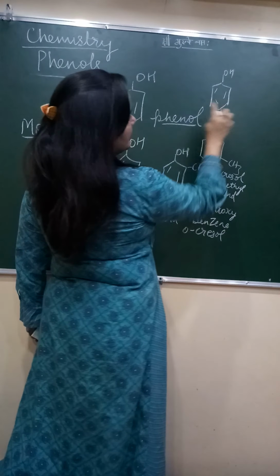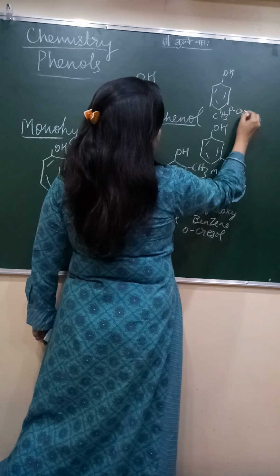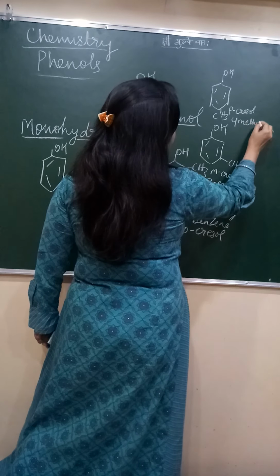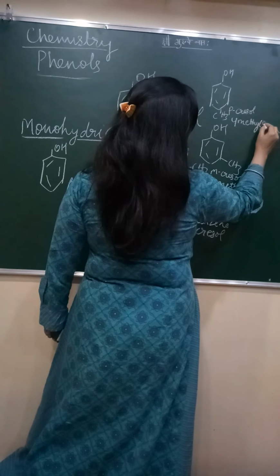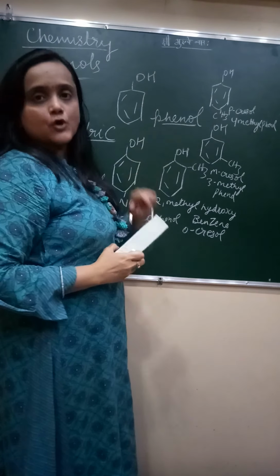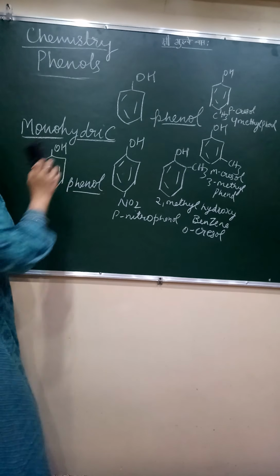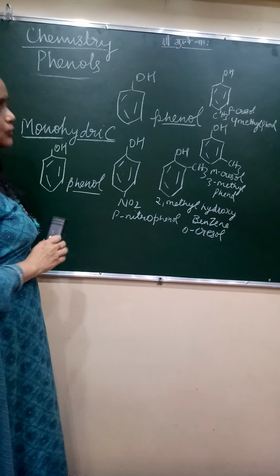If the methyl group is attached at the para position, then it is called paracresol or 4-methylphenol, or 4-methyl hydroxy benzene. So this was monohydric phenol, which means one hydroxy group is attached to the benzene nucleus.